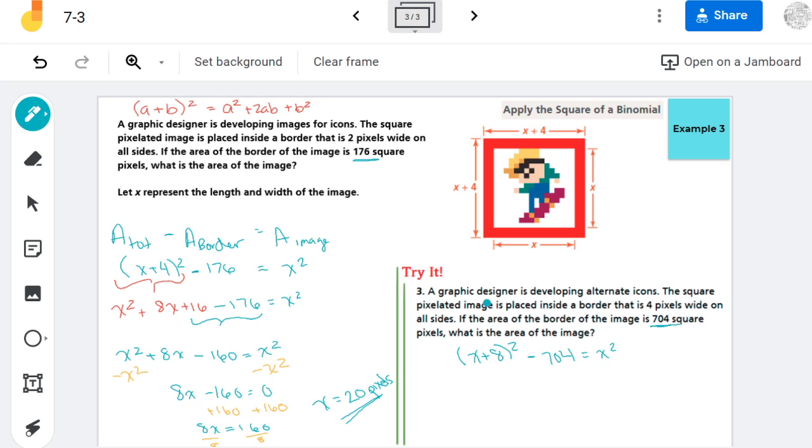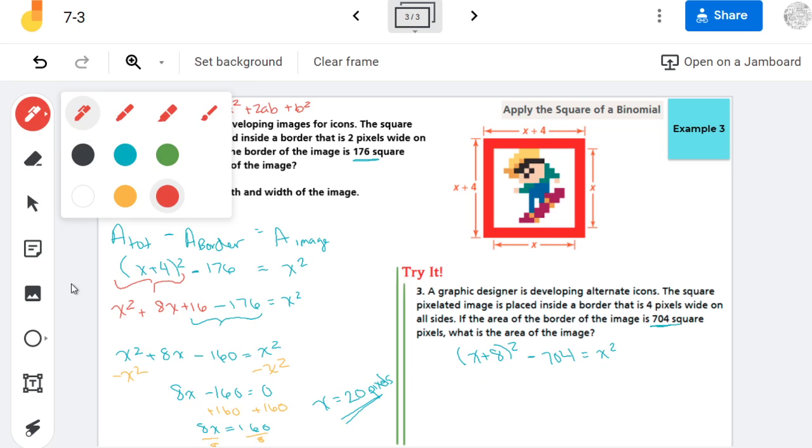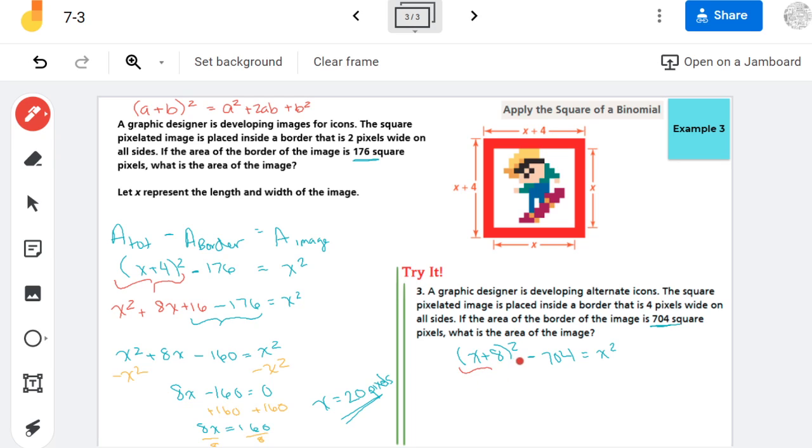All right, so now let's solve this. First I'm going to expand this, just following the pattern. So I have a squared, so x squared, plus 2ab, so plus 2 times x is 2x, times 8 is 16x, plus b squared, so plus 64.